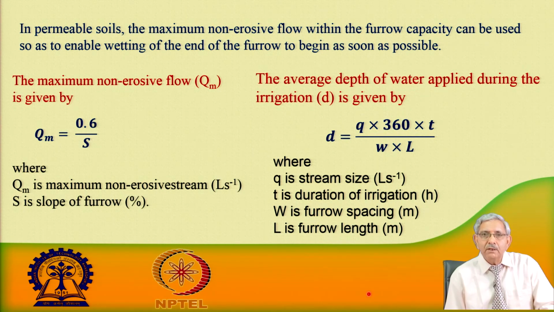The average depth of water applied during the irrigation, d, is given by q, the stream size applied in liters per second, multiplied by t, divided by w, the furrow spacing between two furrows, and the length of furrow, with 360 as the unit constant. Depending on the units used, the 360 will be used.